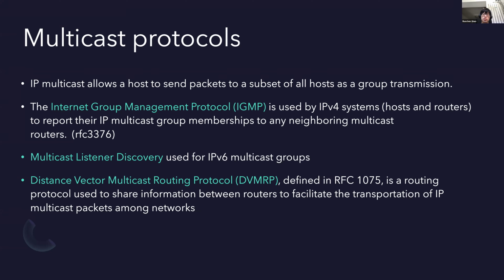We also have the IPv6 counterpart called MLD. MLD v1 is similar to IGMP v2, and MLD v2 is similar to IGMP v3. Also, I will talk about DVMRP. It's for routing multicast datagrams across an internet. It's derived from the Routing Information Protocol, RIP. DVMRP retains a link state database to keep track of return paths to the source of multicast packets.